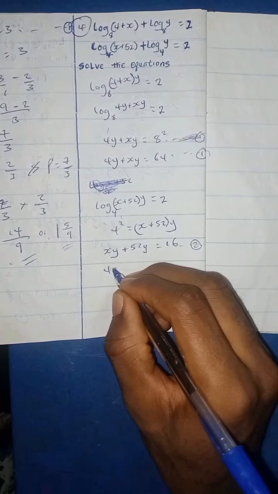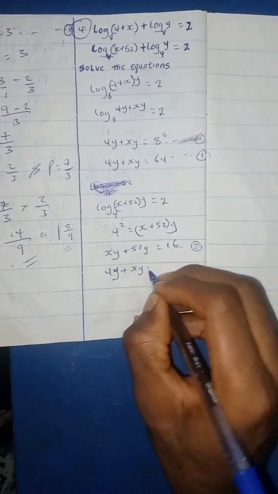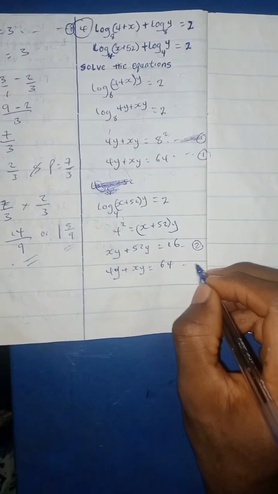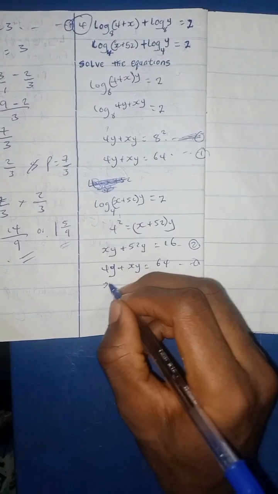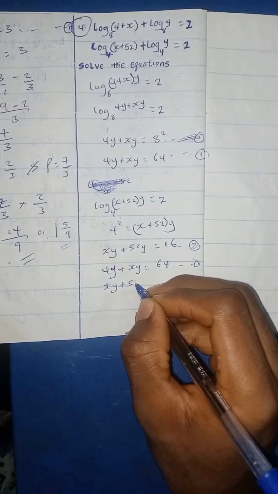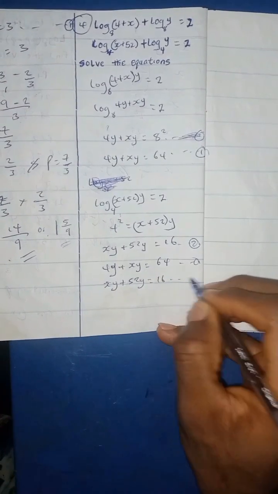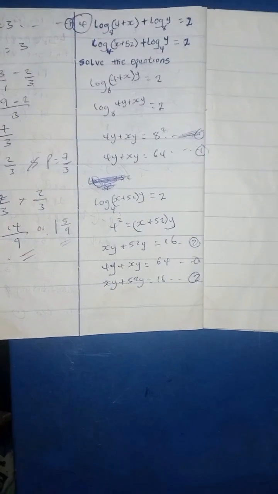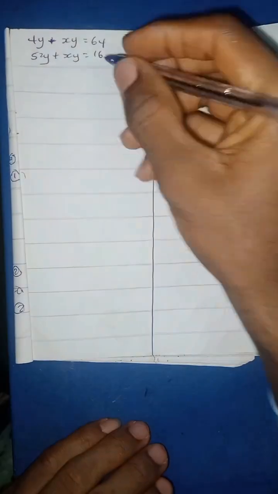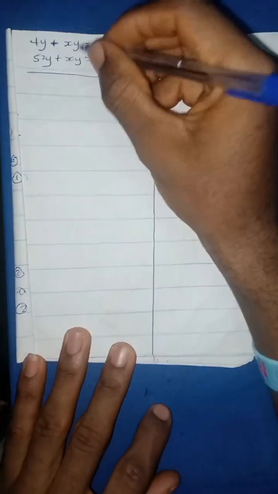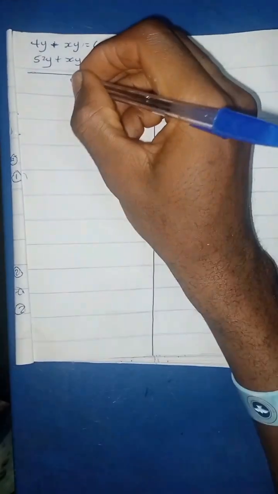So we're having 4y plus xy is equal to 64, that's our equation 1. Then xy plus 52y is equal to 16, as your equation 2. Alright, so the xy will cancel out.